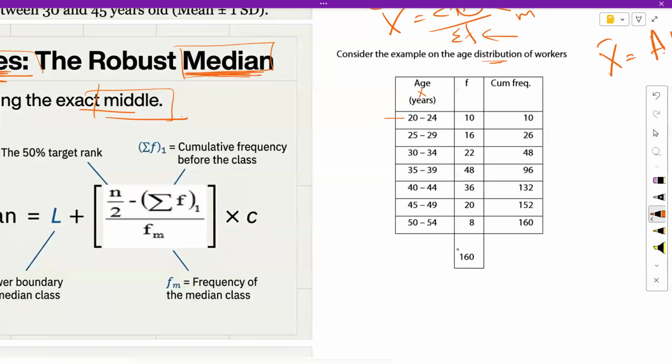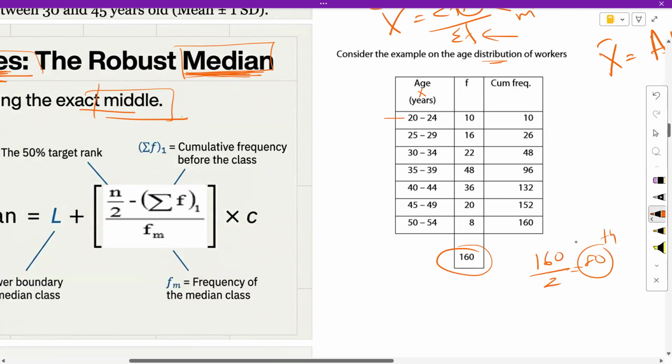There are 160 employees, so we find 160 divided by 2, the 80th observation. How do we find the 80th observation?